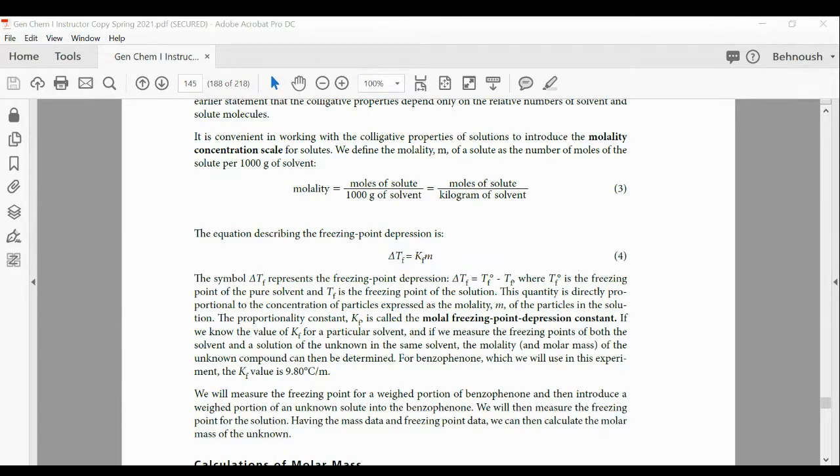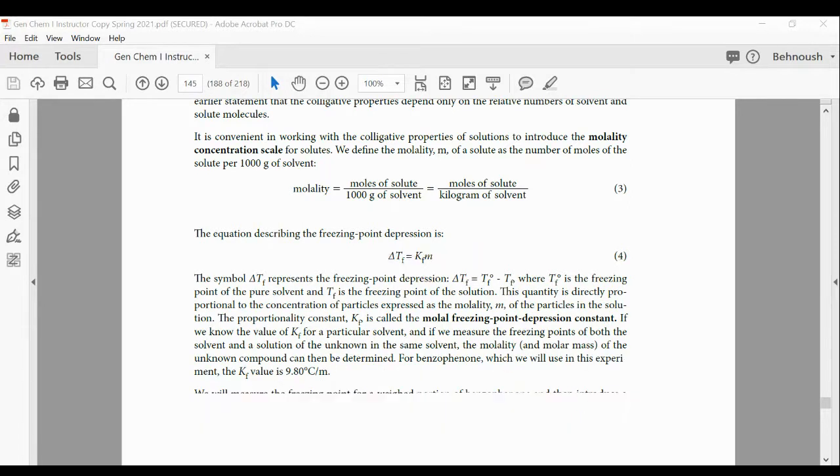The difference in the freezing point is called delta TF, or the freezing point depression. The value for KF is given. From that, you can find molality. Molality is moles of solute per kilogram of solvent.